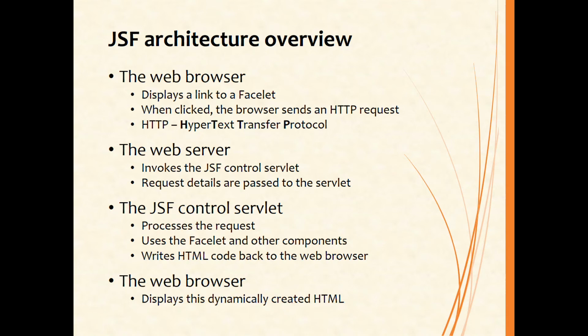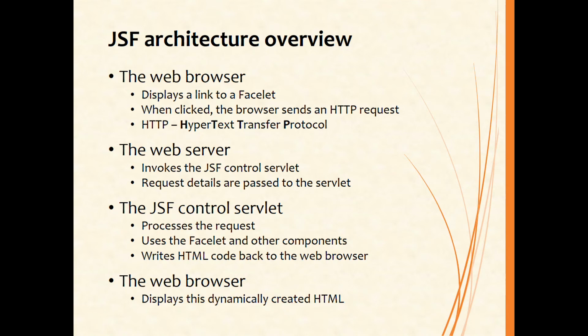The architecture that we will be using will consist of, firstly, a web browser for the clients to make use of the web application. On that web browser, there will be a facelet with at least one link to another facelet. That link could very well be a button, and when you click on the button, that will submit a request to the web server.